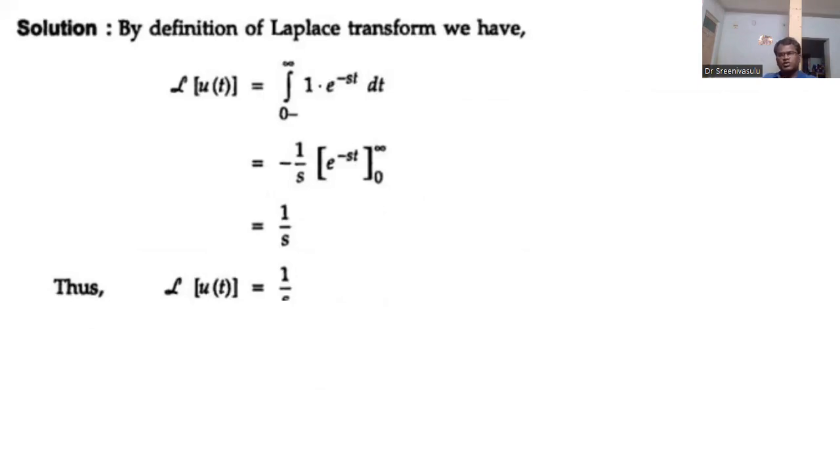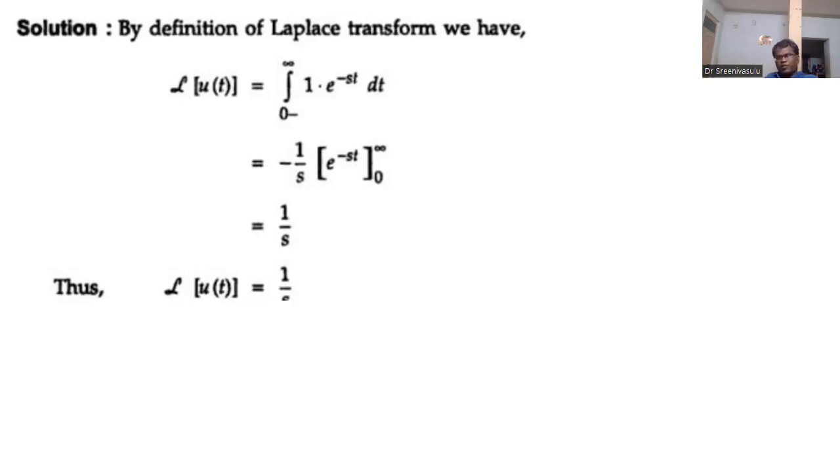After substituting the limits, instead of t, we write the upper limit minus the lower limit: e power minus s into infinity minus e power minus s into 0. There is no confusion in e power minus s into 0, because e power 0 is 1.